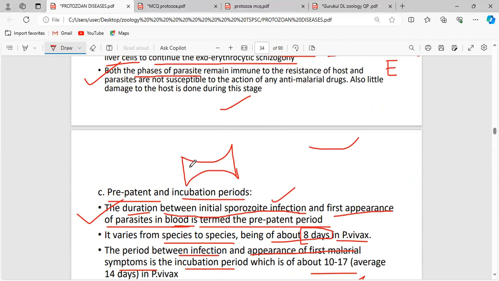We know that human RBCs don't have a nucleus or mitochondria. That is why this parasite prefers our erythrocytes: the space and all the contents required for the parasite are available there.